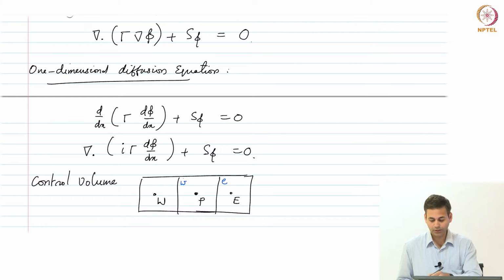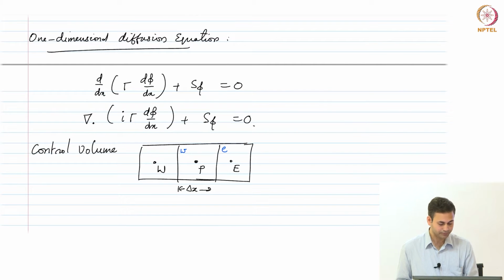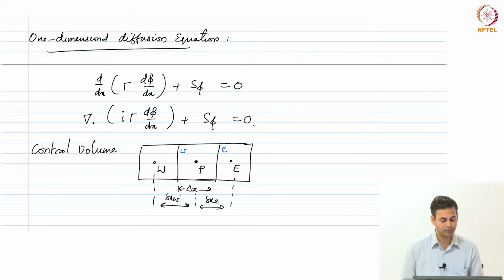We also indicate the distances. Let's say this width of the cell is delta x, and the distance between the centroids of the P cell and the E cell we call del x e, and the distance between the P cell and the west cell we call del x w. Okay, so we have this kind of notation.